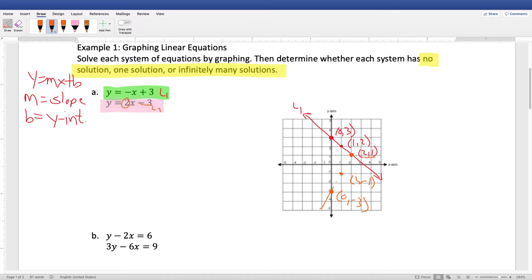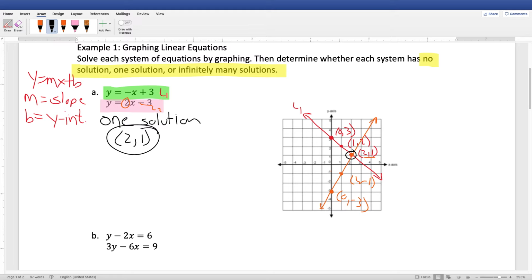So my graph, when you draw your straight line, intersects at (2, 1). Right here is my point of intersection, so I have one solution, and that one solution is that point of intersection, (2, 1).